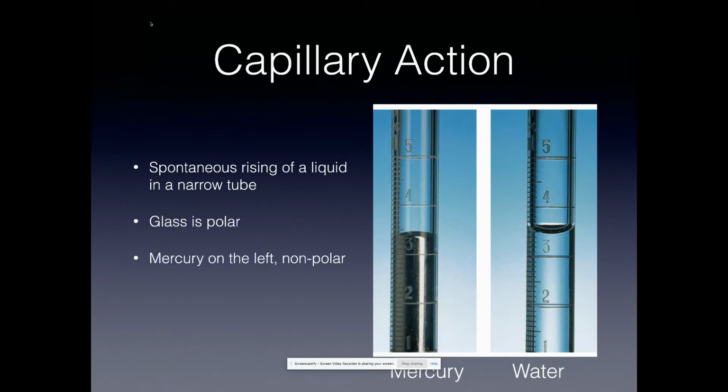Because the glass is polar, the mercury won't be attracted to it because the mercury is nonpolar, just some London dispersion forces. The water, however, is polar, so it is attracted to the glass in the burette and it starts to climb up it. And you've seen this in straws at home. You've seen this using a graduated cylinder at school. Okay, pretty well-known phenomenon.